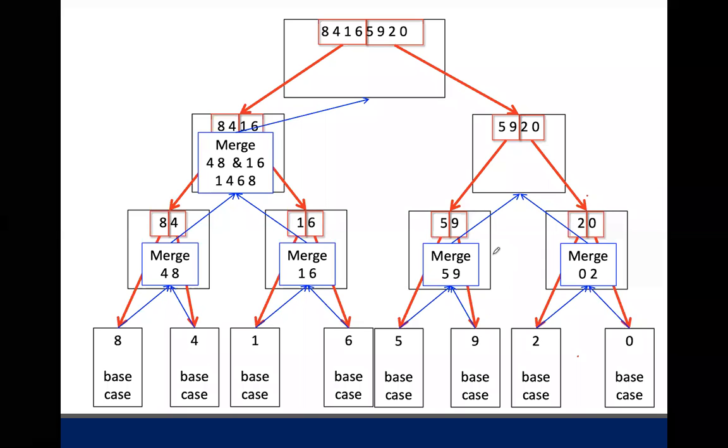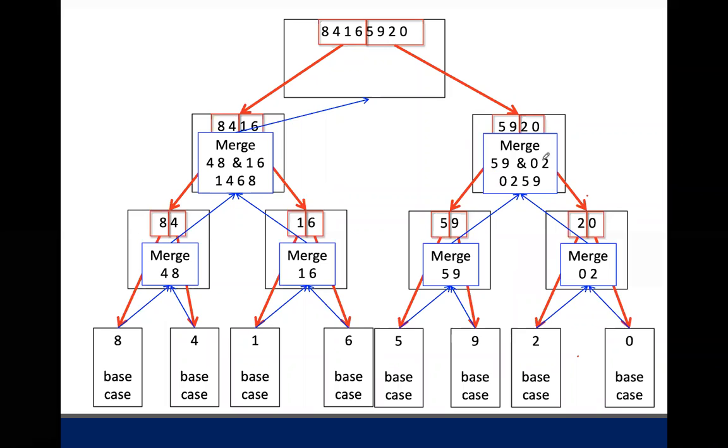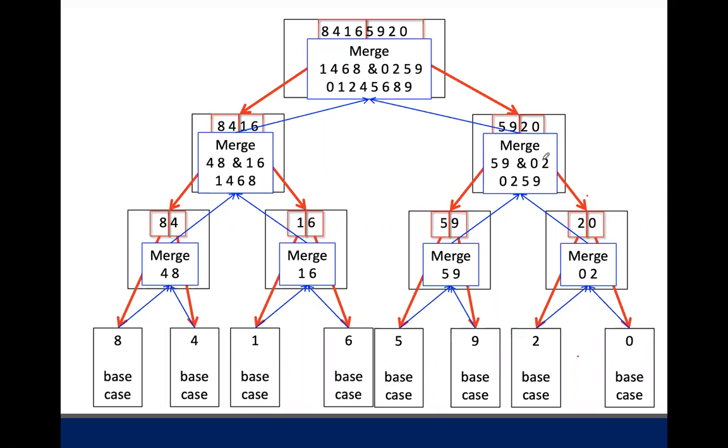Yes, Jack, it's exactly n log n. Then I have this and this, each one is n over 2, but the merging of them is big O of n. Each one of these merges is of small lists, but I'm doing them multiple times. So at the end, it's really big O of n per level.